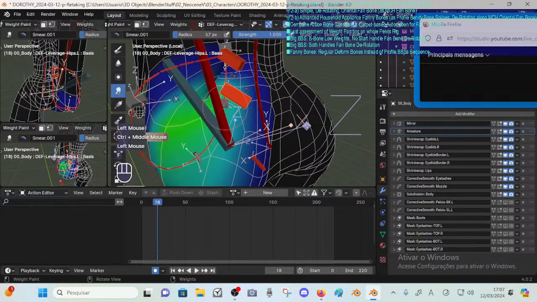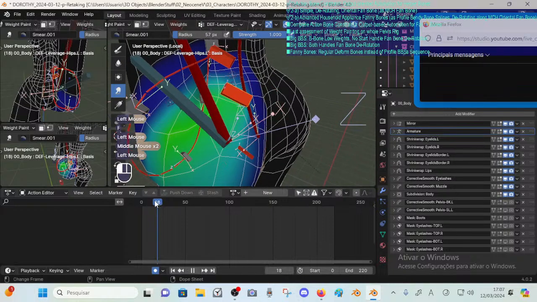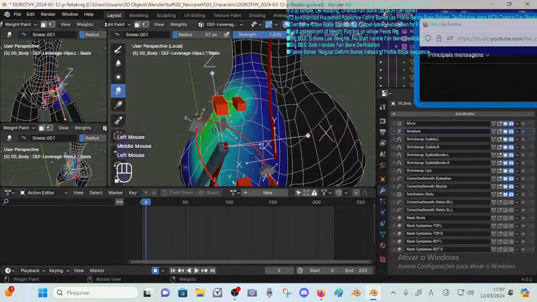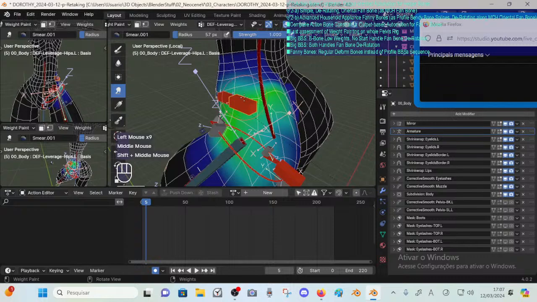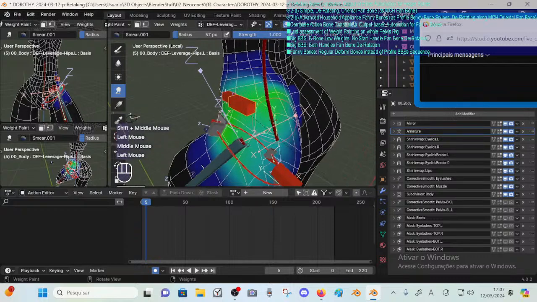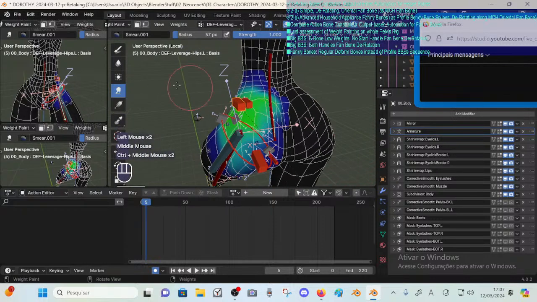So for example, if this bone here could affect this area, all this area here, it would maybe, yeah, must be careful about the waves, not being too strong.